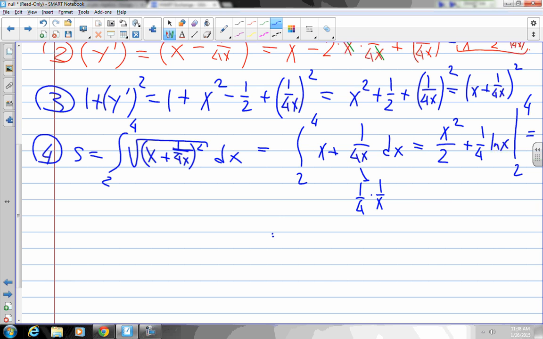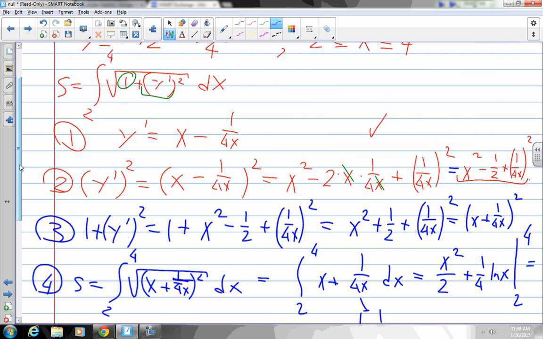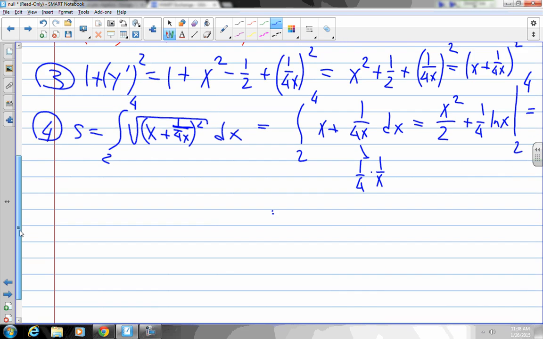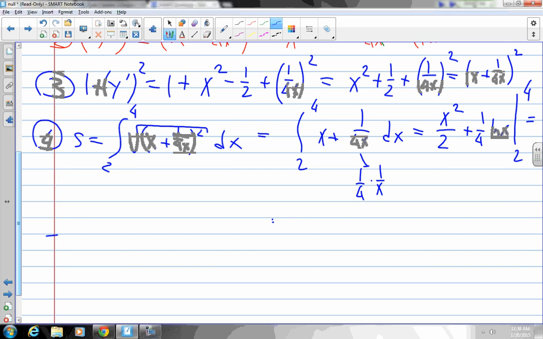So let's see. You plug in 4 squared over 2 plus 1/4 times ln of 4, minus 2 squared over 2, minus 1/4 ln of 2.